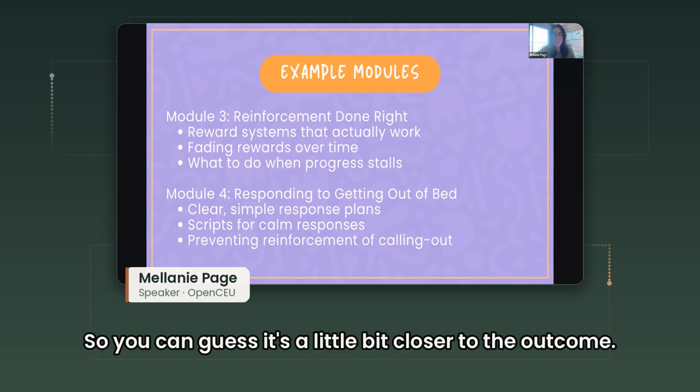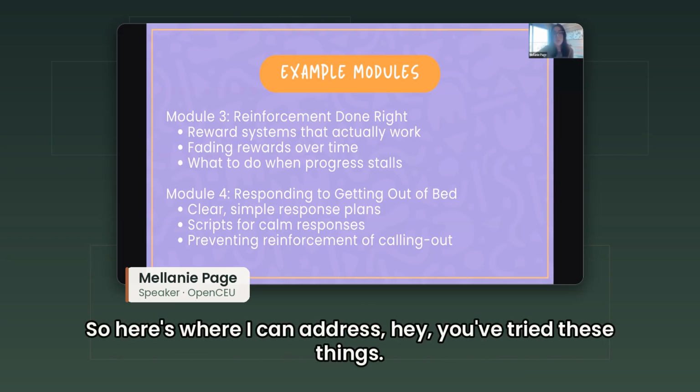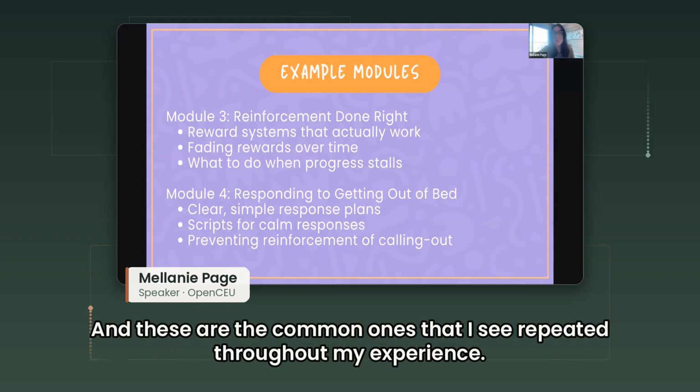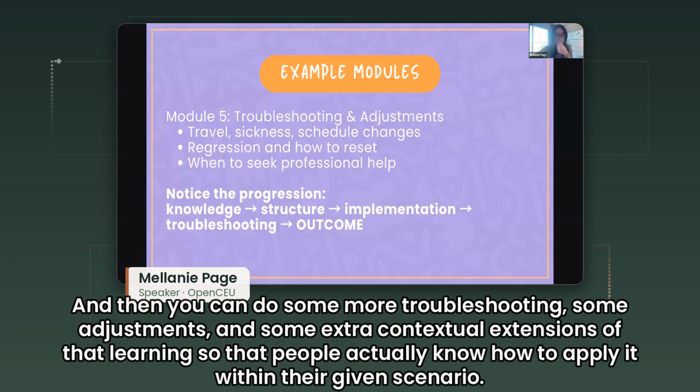Module 4, so you can guess, it's a little bit closer to the outcome. And I'm going to talk about some barriers here. So here's where I can address, hey, you've tried these things, and just so you know, you might run into these barriers. And these are the common ones that I see repeated throughout my experience. And so I am going to address those with clear, simple response plans, some scripts, and some strategies that I've seen work in the past.